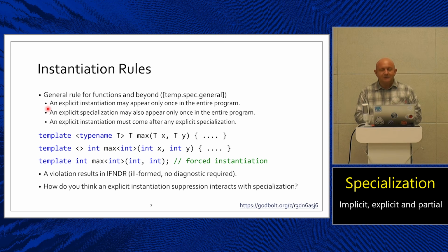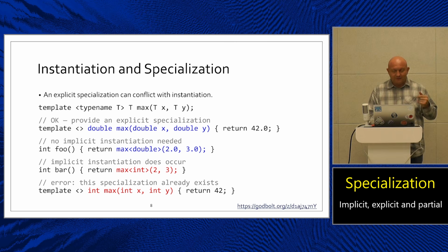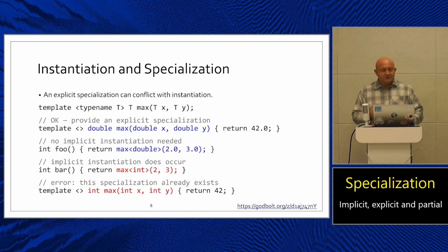This leads to a subtle question. How do you think an explicit instantiation suppression interacts with an explicit specialization? Let me, on the next slide, show you some examples, and then I will show you what will happen directly. Here we provide an explicit specialization for double, and when we call this max double in foo, it uses our custom function.